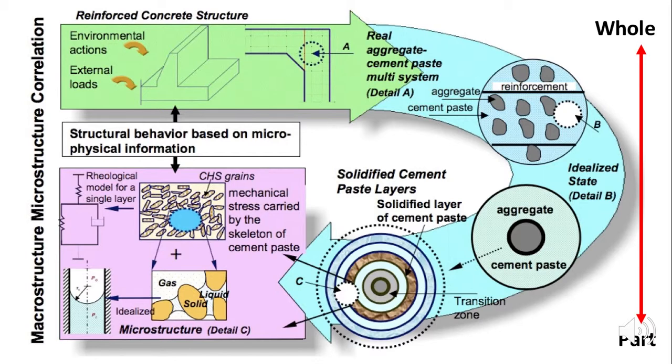What we are talking about here is that the structure behavior could be based on the microphysical information of these small elements within the concrete, and those are the ones that decide or define the properties of the whole in general.